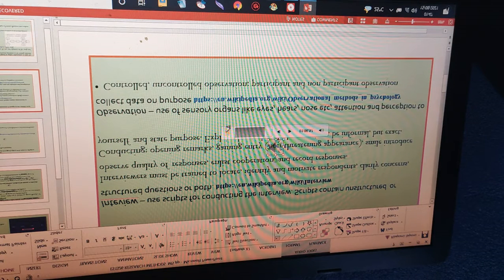Then you also have participant and non-participant observation. Participant means the observer becomes part of what is observed. He enters into the midst of the respondents and tries to collect as much information as possible without being identified, without being known.